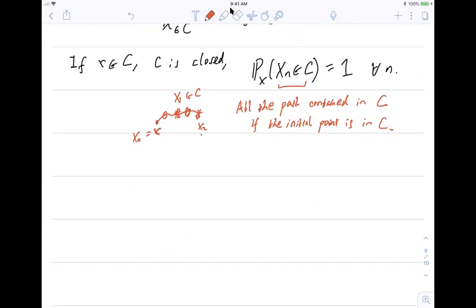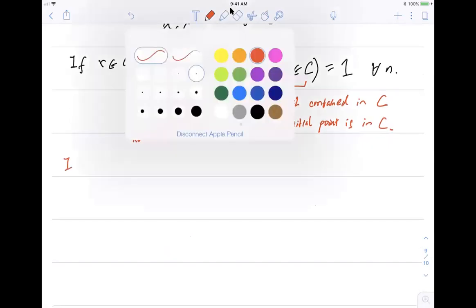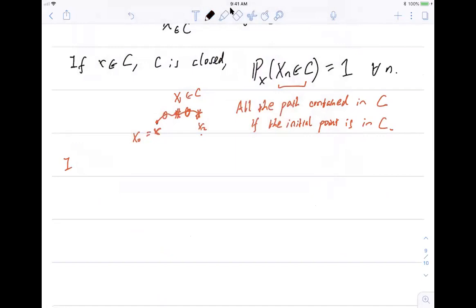There's another notion that is also very important, called irreducible. What does irreducibility mean?